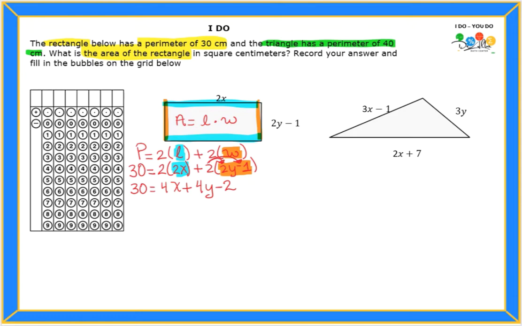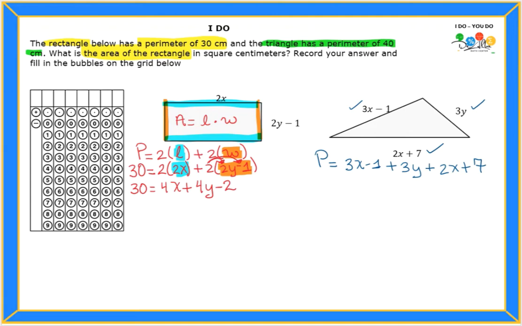In my triangle, I need to find the perimeter. Remember, perimeter means all the way around. So I need to add this side, 3x minus 1, plus the next side, 3y, plus the last side, 2x plus 7. Do I know the perimeter for that one? Yes, I do.